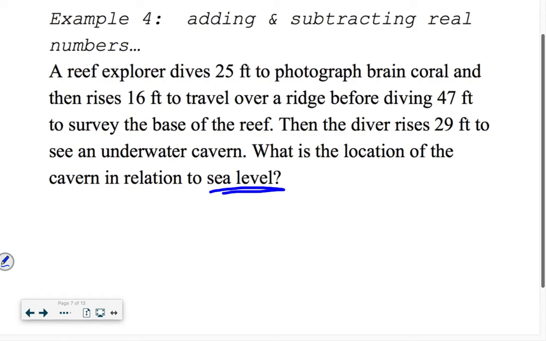So, starting at sea level represents 0. So sea levels are always at 0 feet. That's how they measure elevation according to sea level. The diver dives, so that means we go down, -25 feet.